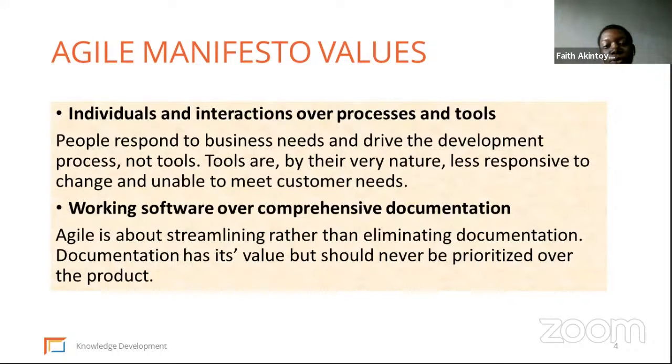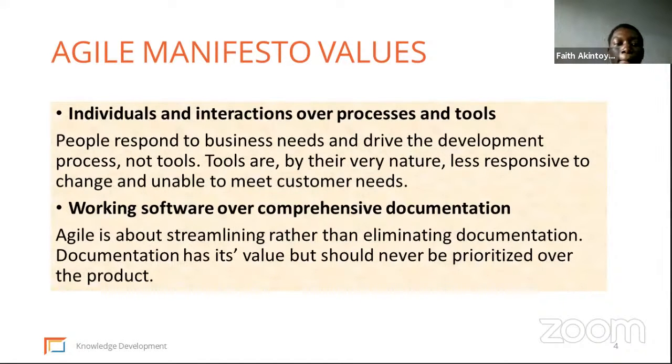For example, in traditional SDLCs like the waterfall model, each process is dependent on the process before it. You can't have the main project being built if the prototype is not working.